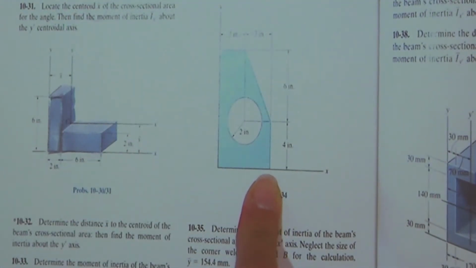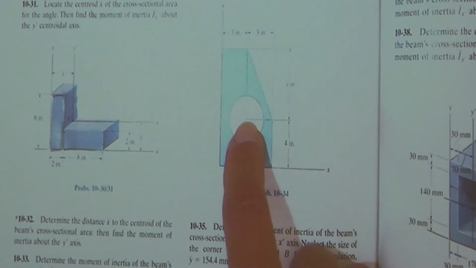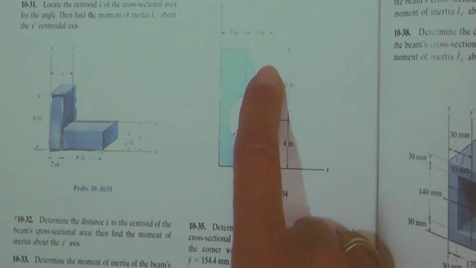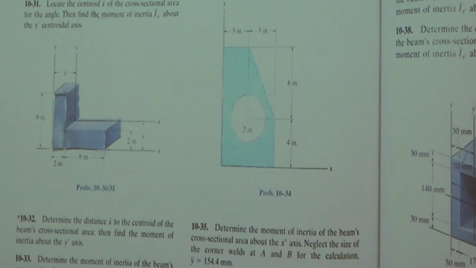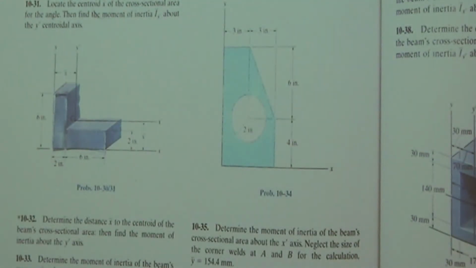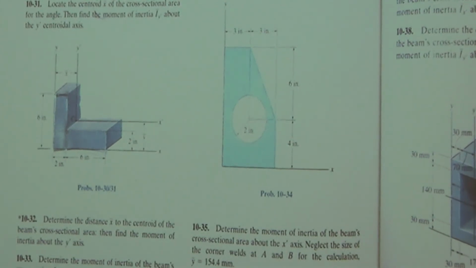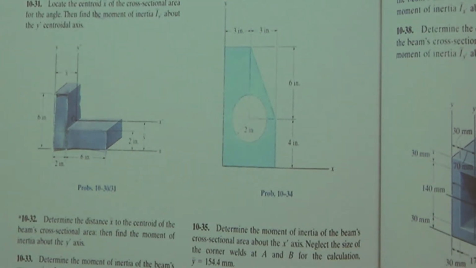In this case, the moment of inertia of the circle and the moment of inertia of the triangle would be negative, because there are negative masses or areas. Okay, so that's one where it would be subtracted. So let me look at this problem then and make sure that it's correct.